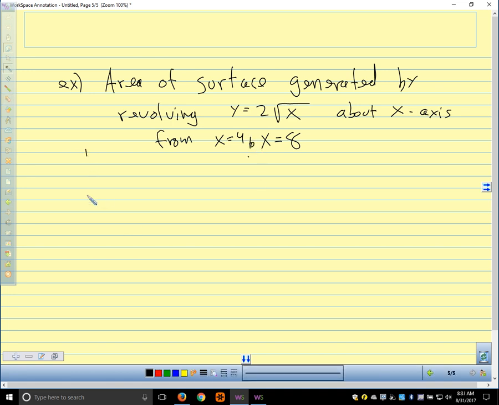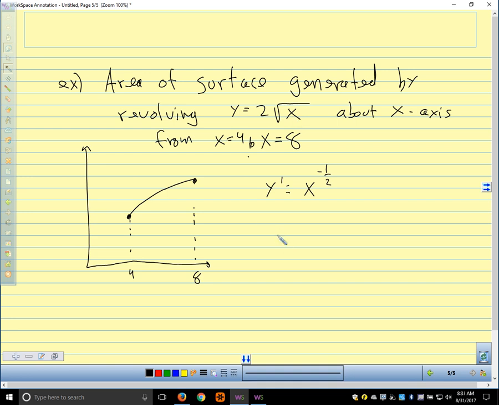All right, so if I draw a quick graph, we get something that looks like this. All right, so there's y. We need y prime, which is x to the minus 1/2 when I take the derivative of that.